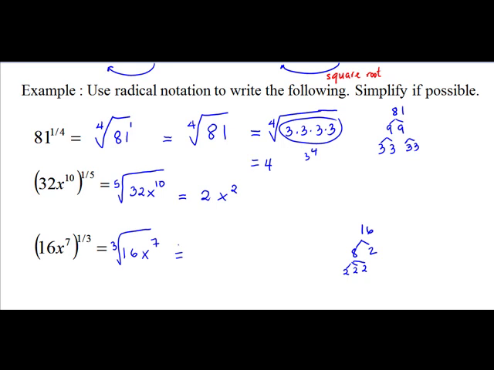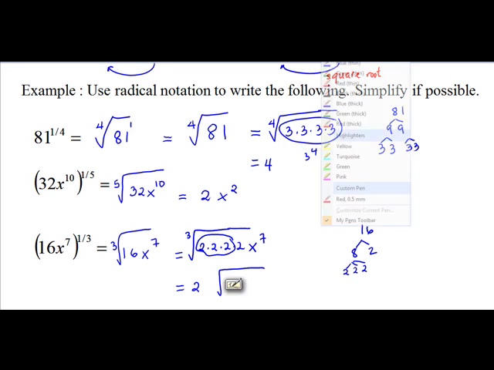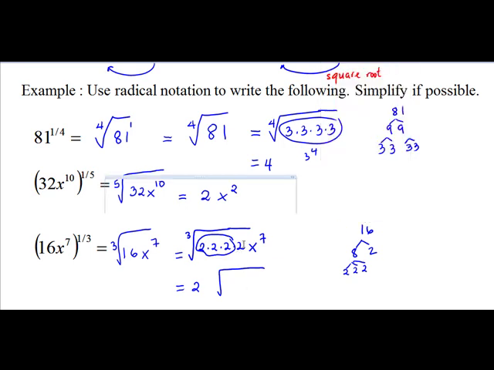So we can rewrite this as the cube root of 2 times 2 times 2 times 2 x to the 7. Now the 3 here means we group by 3. So this whole group of 2, 2, 2, which is 2 cubed, comes out as 2. And this 2 here is stuck inside.